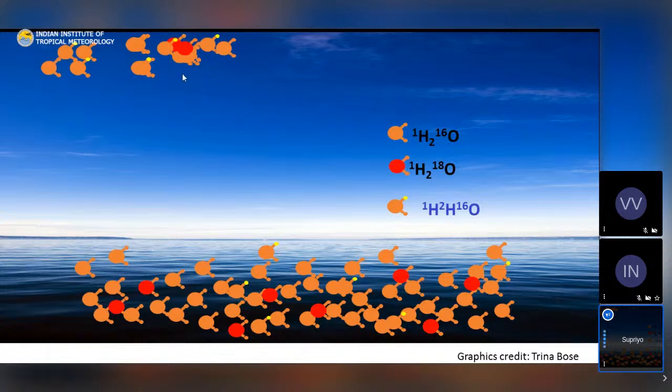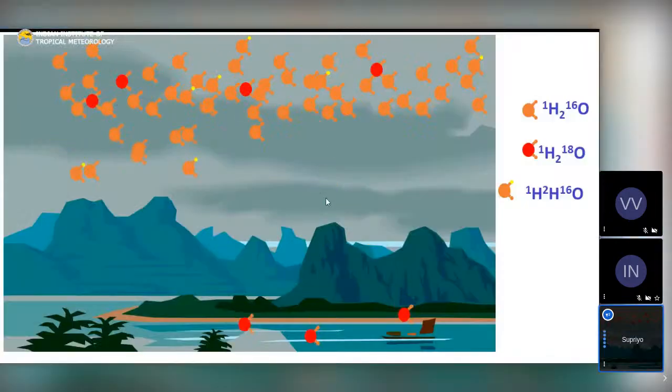So lighter isotopes go faster compared to heavier isotopes, but in the reverse process, the heavier isotopes come down faster, followed by the lighter isotopes. So that means moisture always gets depleted in heavier isotopes.